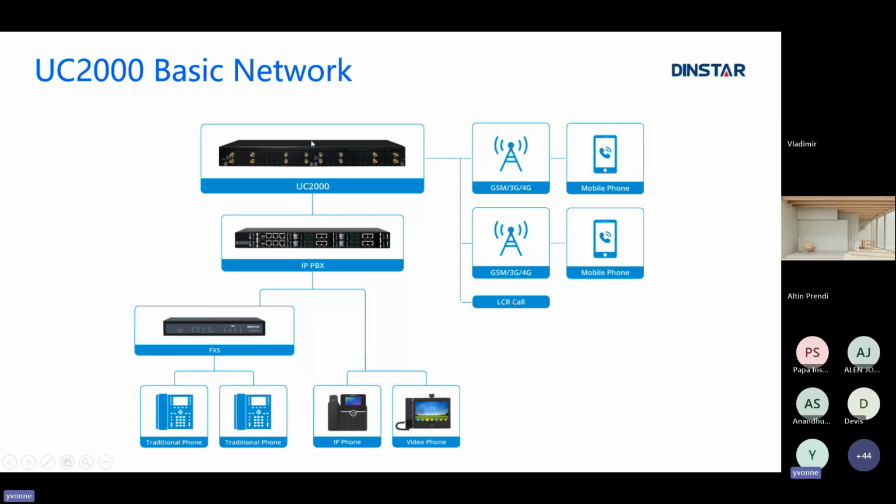and the UC2000 serves as a core component connecting to the IPv6 and the mobile network. The IPv6 further connects to the IDS, like the various terminal devices, including the traditional phones, IP phones, and video phones, enabling access and communication support for different types of voice and video terminals.